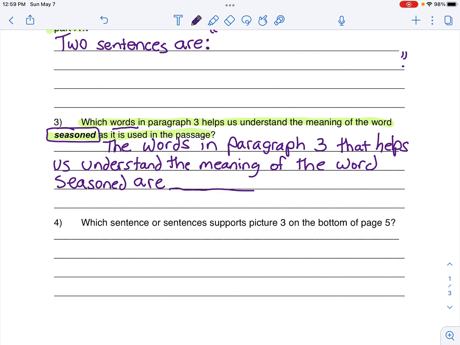And then you would write your answer here, and don't forget to put a period. Go ahead and pause this video, answer the question, and then you're ready to move on to number 4.